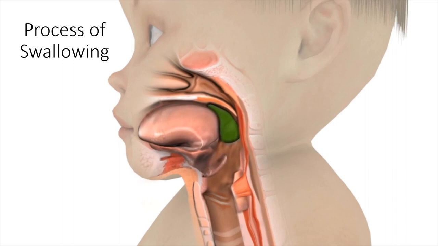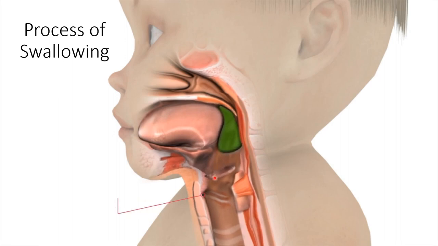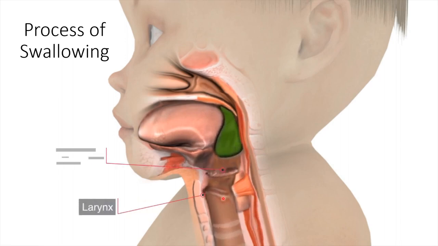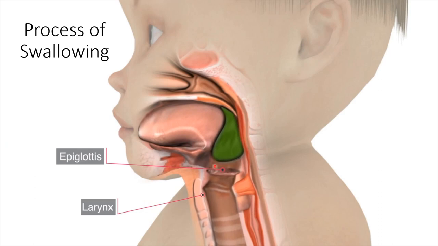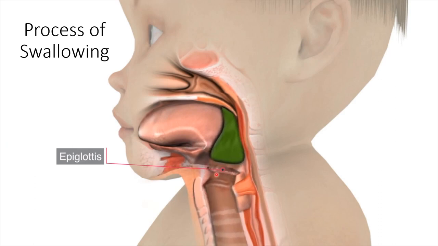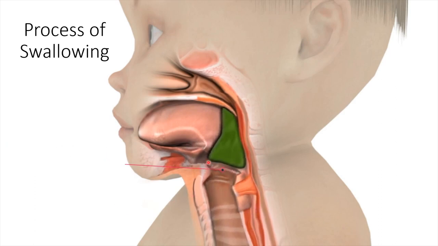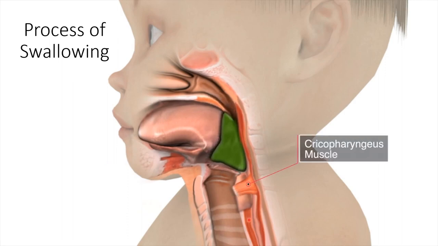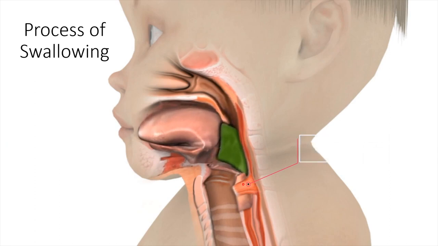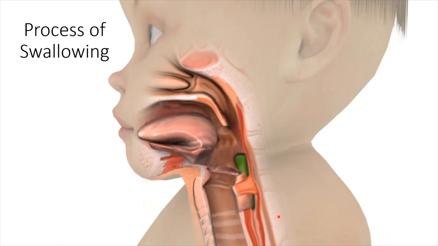Okay, please note here that as the food goes downwards, the larynx elevates, the epiglottis closes the airway, so it protects it, and the bolus of food is directed posteriorly into the esophagus. Okay, and before that, the cricopharyngeus, this sphincter here, will open up, allowing the bolus to pass through.